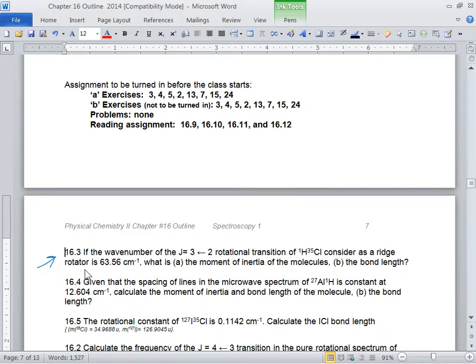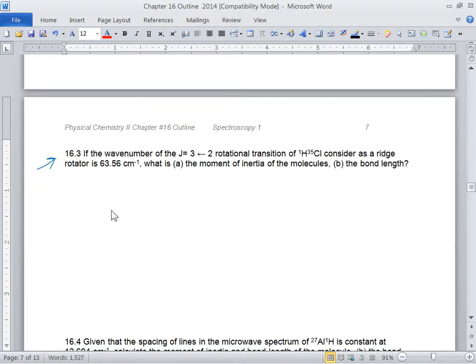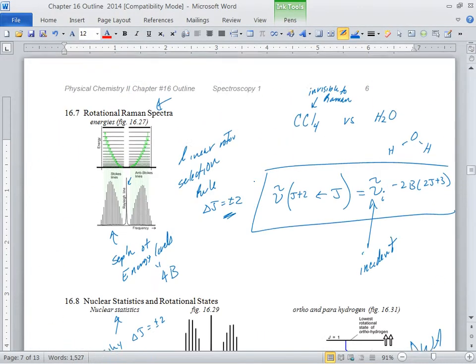What mathematical symbol is moment of inertia? Big I. So they're after big I. And then bond length. Do you see where that's going to be coming from? Because where do you get these big I's from? That chart.